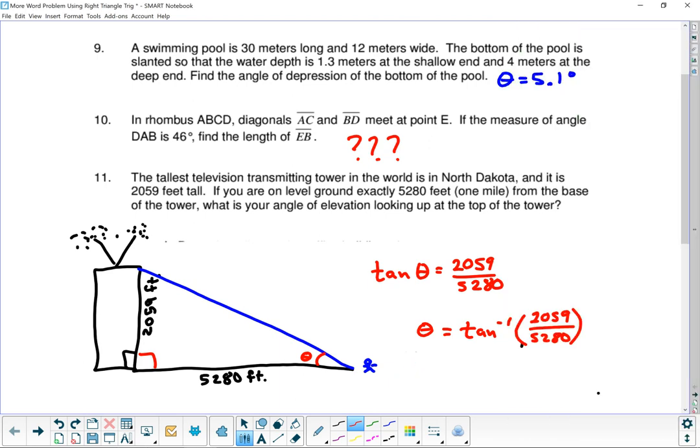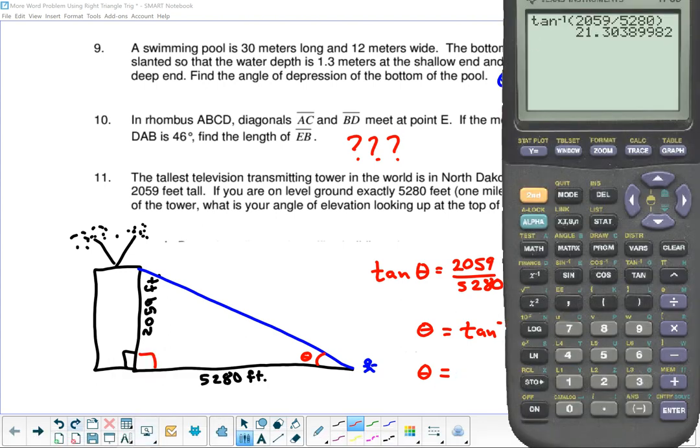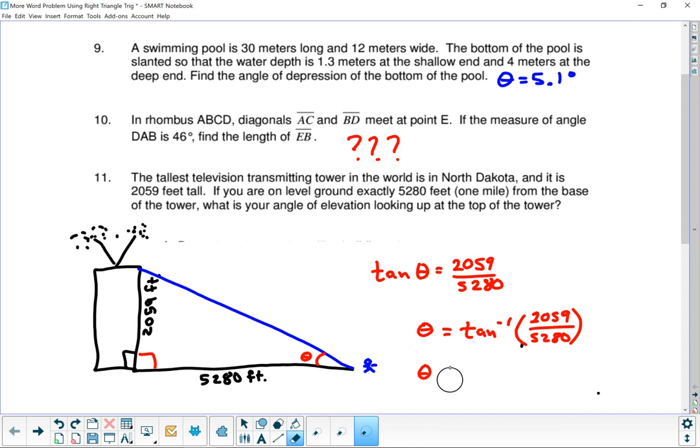Looking at all of this, it looks like whole numbers, so instead of 21.3, I'll say theta is approximately 21 degrees. So your angle of elevation is about 21 degrees.